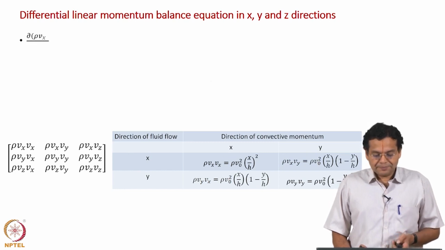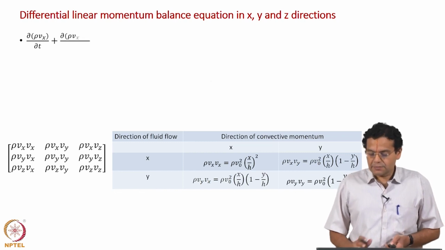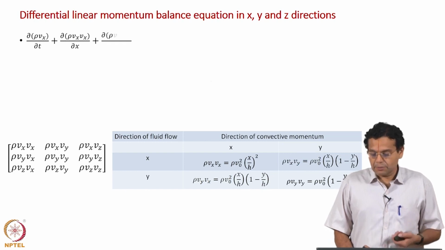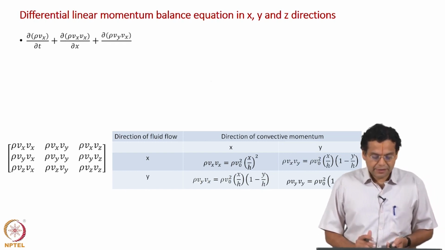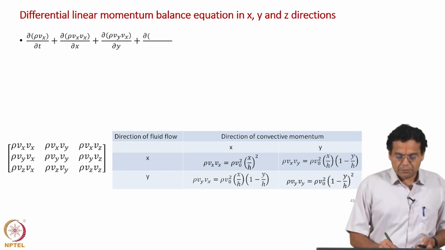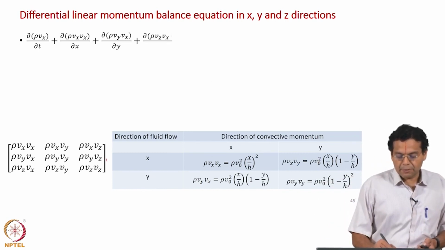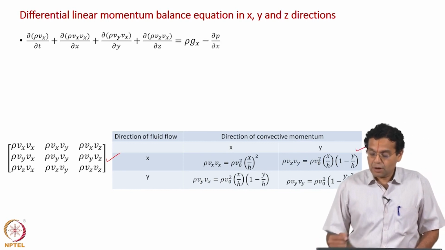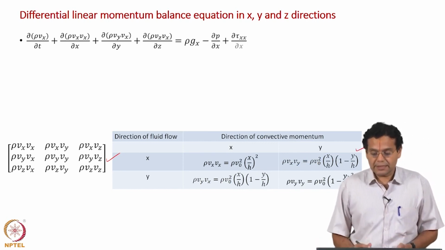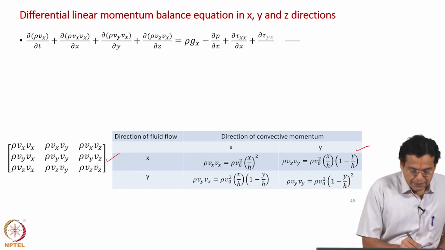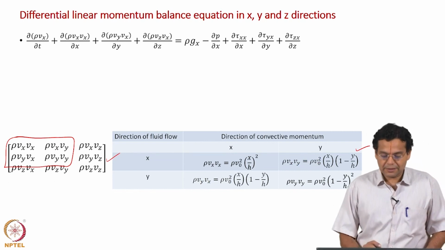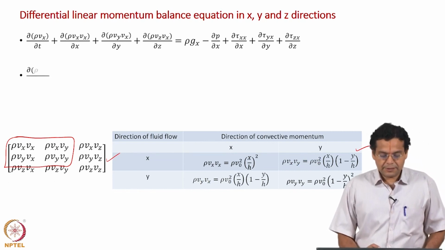Just to show you where these terms appear in the linear momentum balance equation, we will write down the equation and identify them. What is shown here is the convective momentum flux tensor, and what are shown here are the relevant components for this particular example. Only these four components are relevant to us, all others are not.